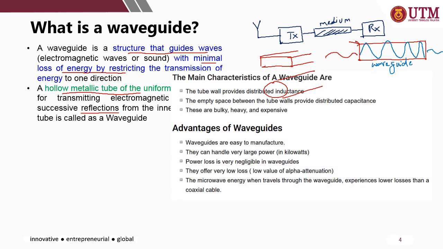So what are the main characteristics of a waveguide? It is basically a tube, whether rectangular, circular or any other shape, and it provides distributed inductance, while the empty space, the hollow space between the tube walls, provides distributed capacitance.